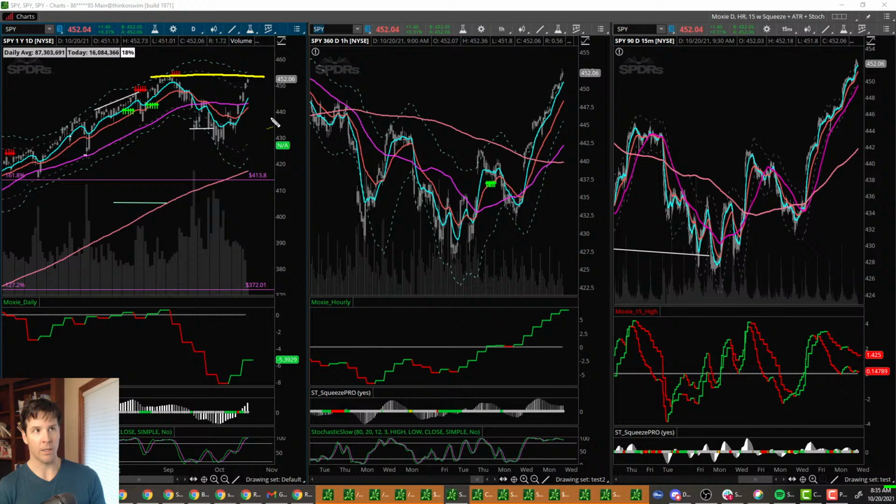Do you really think the S&P is going to make new all-time highs from this point in this motion? I don't think so. That does not seem reasonable. I'm willing to say that it will go to the all-time highs, but I don't think anybody in their right mind is going to be willing to buy after such a vertical run like this beyond the previous high. I'm just not so sure about that.